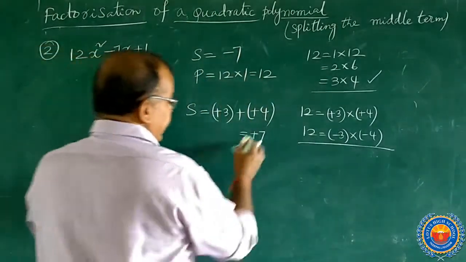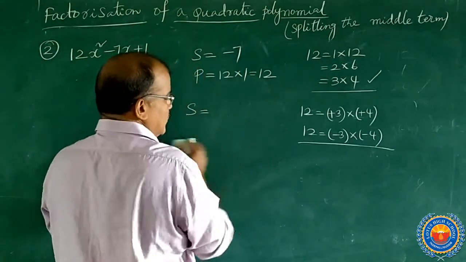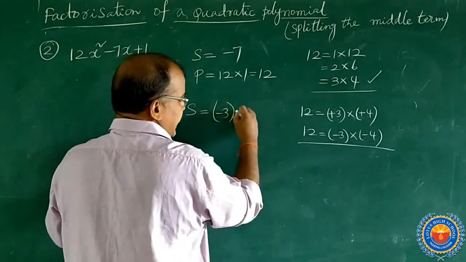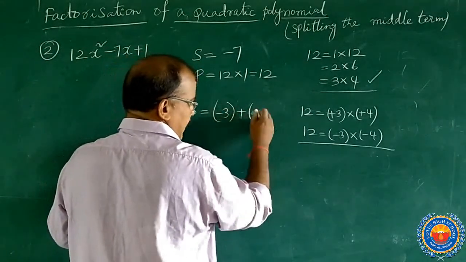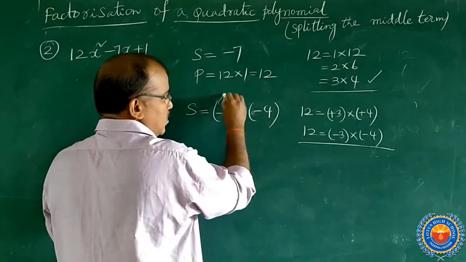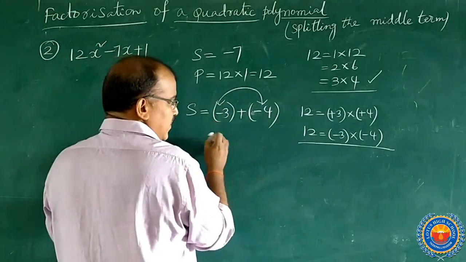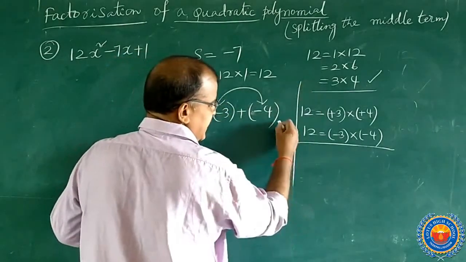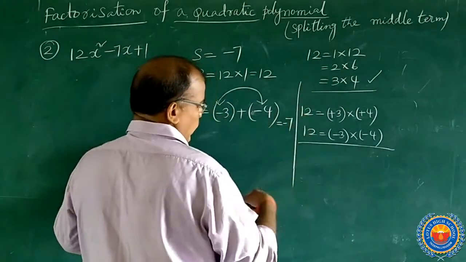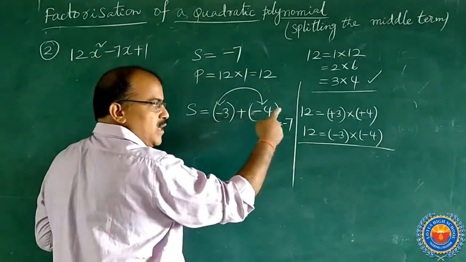That's why I'll take minus 3 into minus 4. So, same sum, 3 plus 4 is equal to 7. That's why this is minus 7. Minus 3 minus 4 is minus 7.